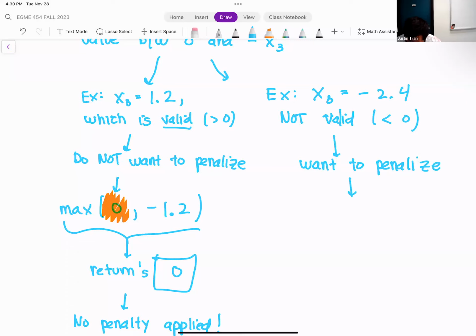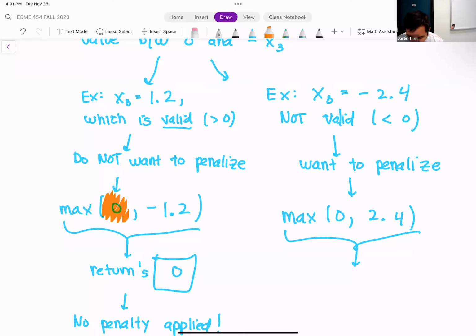Then we go to our max function. We're going to compute max of 0, comma, negative x3. Since x3 is a negative 2.4, negative times negative is going to be positive, and so we have a max of 0, comma 2.4. We check between 0 and 2.4 which one is higher.